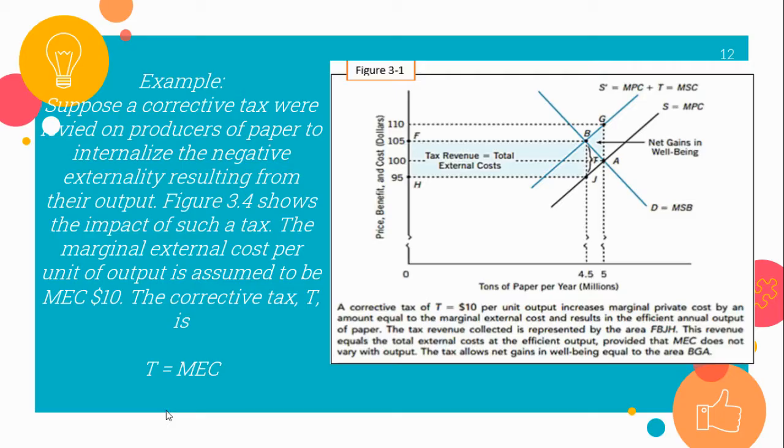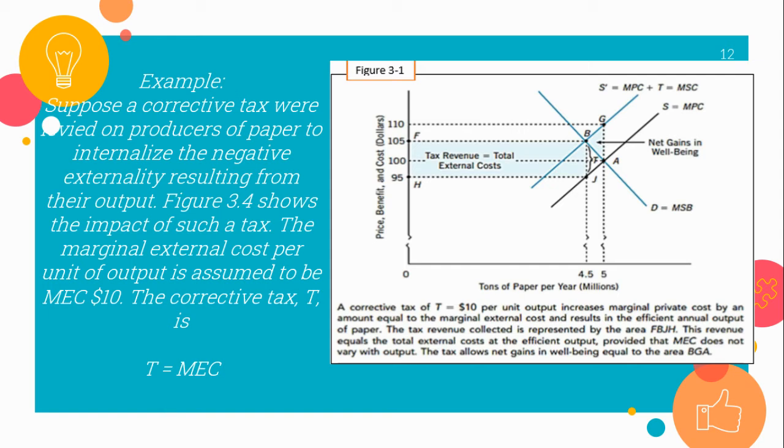So for example, suppose a corrective tax were levied on producers of paper to internalize the negative externality resulting from their output. This figure shows the impact of such a tax. The marginal external cost per unit of output is assumed to be MEC = $10. So the corrective tax T is T = MEC.